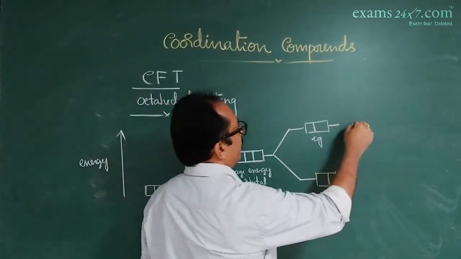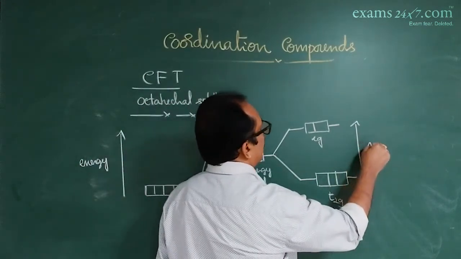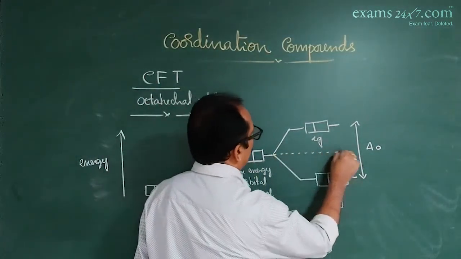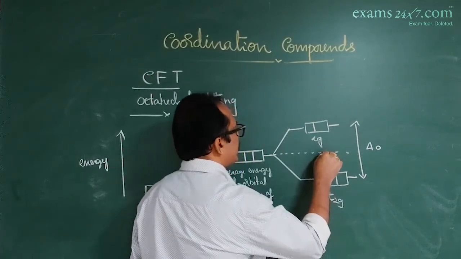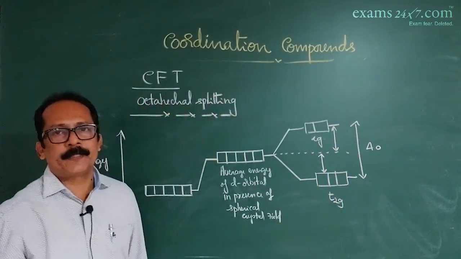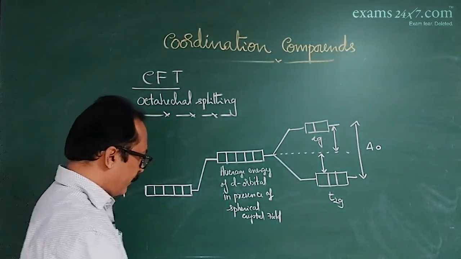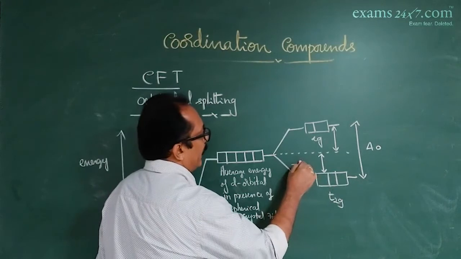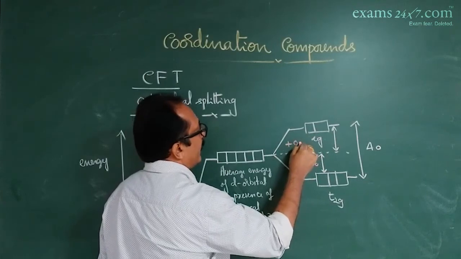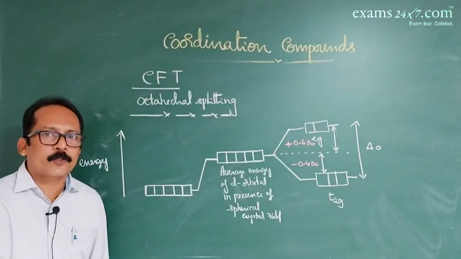Now the energy separation is called the crystal field splitting energy, written as delta O, which refers to octahedral splitting. When an electron enters the T2G orbital, energy decreases. When an electron enters the EG orbital, energy is raised. So when an electron enters T2G, energy is decreased by 0.4 delta O. When an electron enters EG, energy is increased by 0.6 delta O, where delta O refers to octahedral splitting.